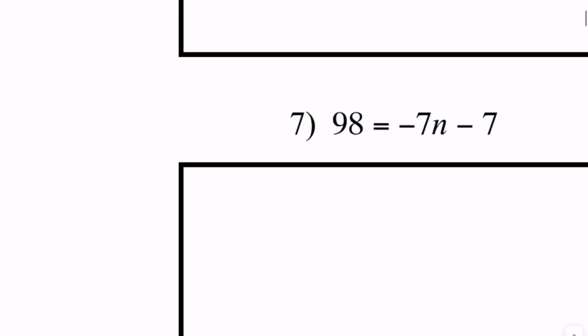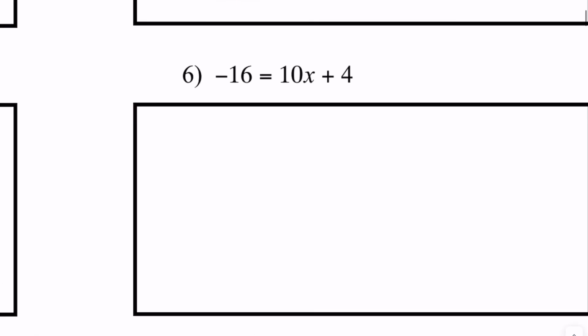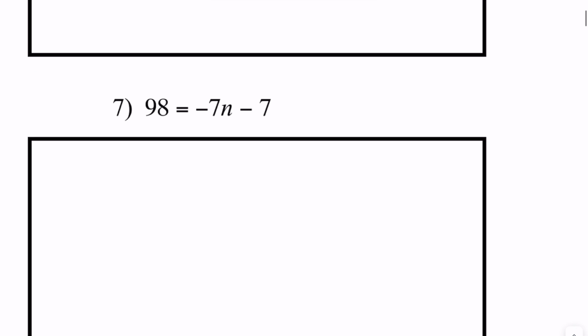And let's keep going. Subtract 4 from both sides. We get that -20 is equal to 10x. And then we divide both sides by 10. And we get that x is equal to -2. All right, number 7.